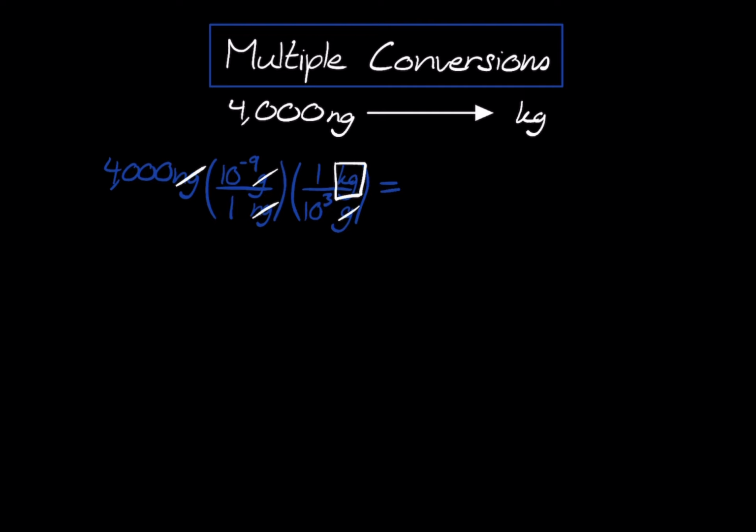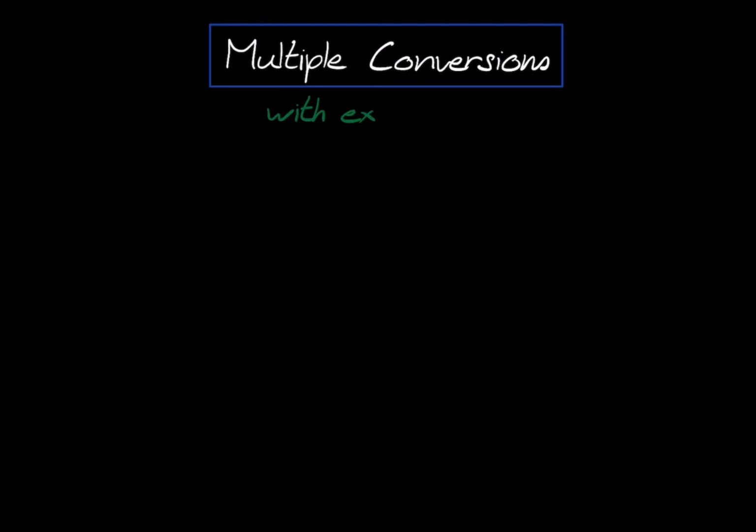Next, we'll plug it into the calculator, and again, you can either enter everything or skip the ones and the parentheses, and just enter 4,000 times 10 to the power of negative 9 divided by 10 to the power of 3, which should give you 4e negative 9. The e means times 10 to the power of, so our answer is 4 times 10 to the power of negative 9 kilograms.